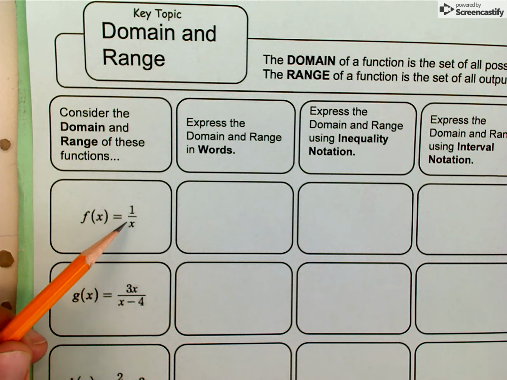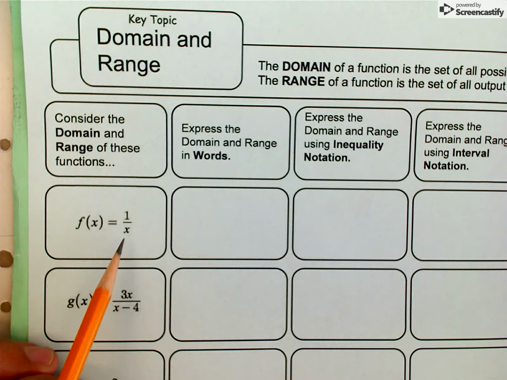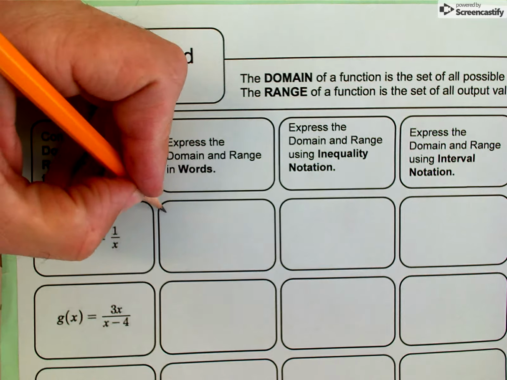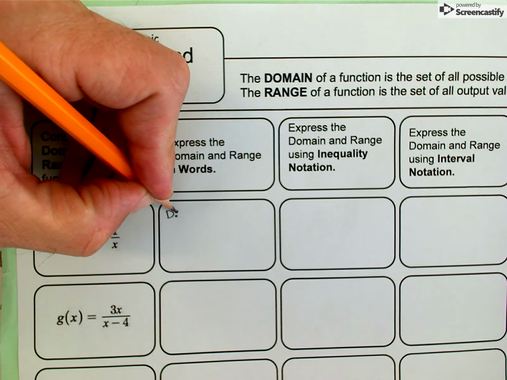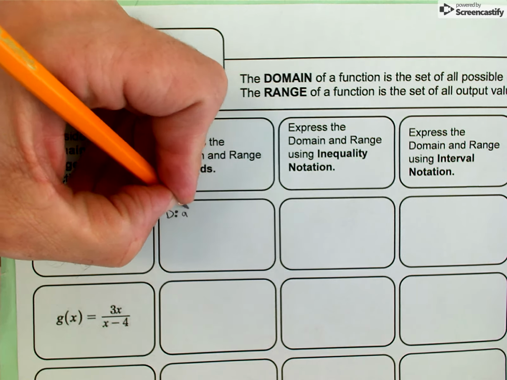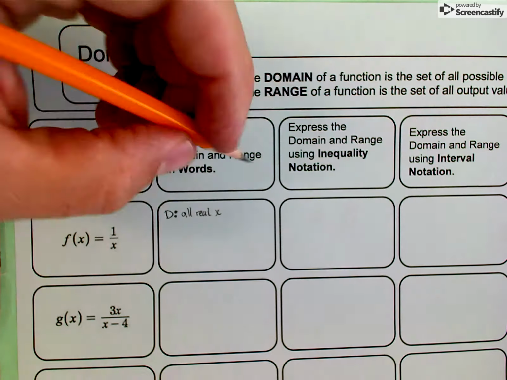So the value that causes this function to be undefined is 0, the value of x. So I can put any other number into this function for x except for 0, because 0 would cause the function to be undefined. So the domain, and I'll just represent that with a D, is all real x.